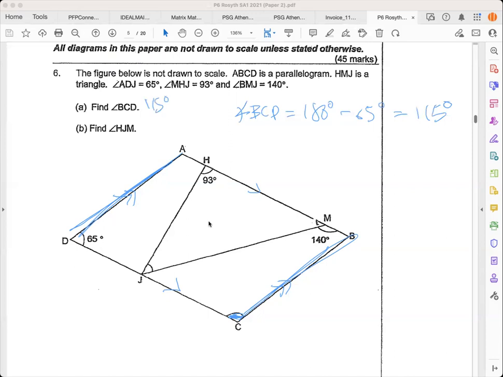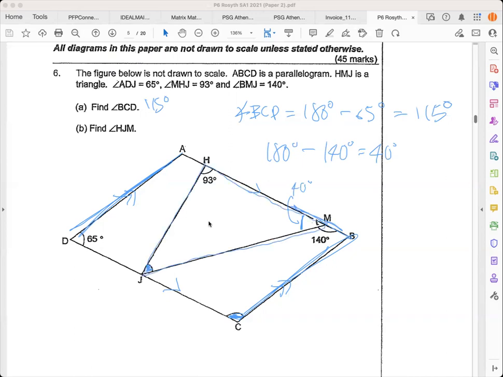Next, HJN. This is the angle you're looking for. First, let's find what is this angle. Angles on the straight line add up to 180 degrees. So this angle will be 180 minus 140. So it's 40 degrees. Now, next look at angle in a triangle.